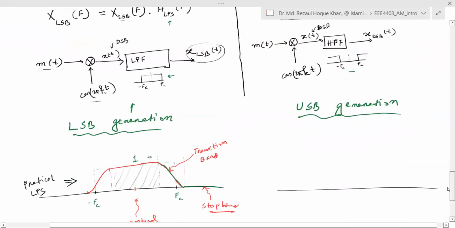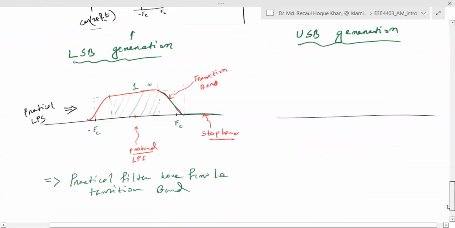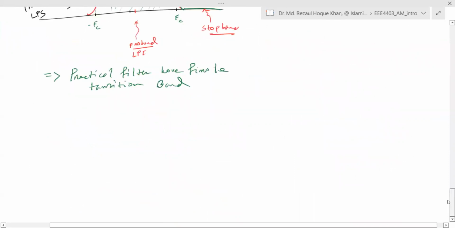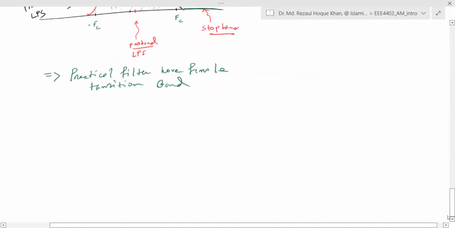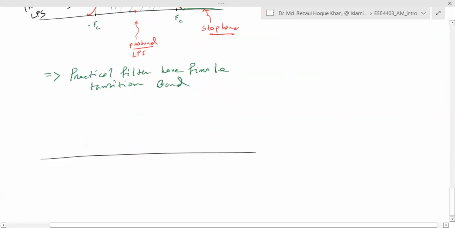So if a practical filter is used instead of ideal, and of course when you use a filter it will definitely be practical, how does the shape of your passband signal, the LSB, look? We are taking LSB as the example.